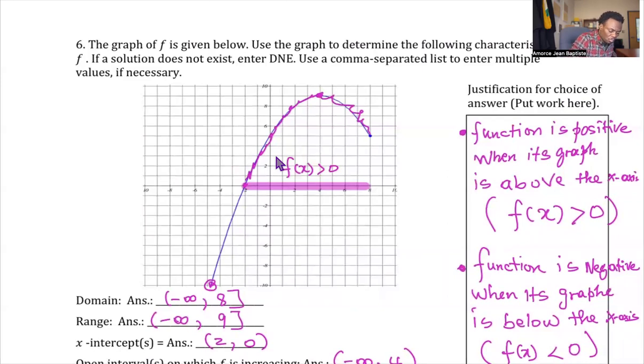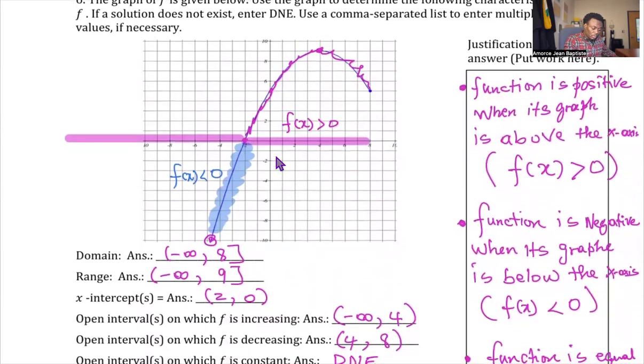And then all this would be over here, starting from negative infinity. And then here, all these will be below the x-axis. So that's f of x less than 0.